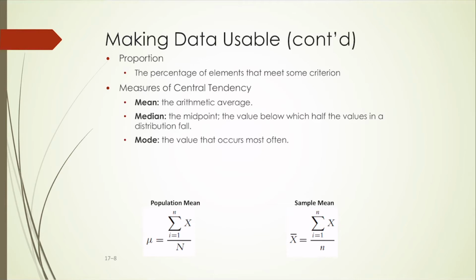Now, making data usable. When you're looking at statistics, and when you're trying to tabulate data, you have what's called the proportion. And the proportion is the percentage of elements that meet some criteria. And that's fairly straightforward. And they talk about that on page 412.